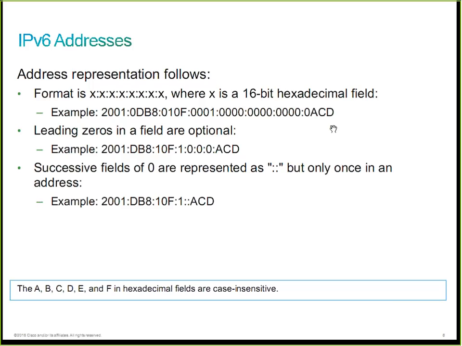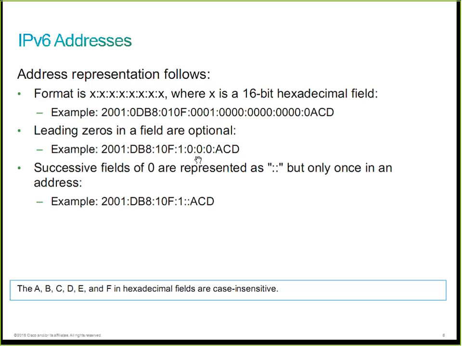So that's where you can compress this IP version 6 address. How? If you have a value like 0db8, it can be represented as db8. The leading zeros can be ignored, so 0001 can be represented as 1, and 0000 can be represented as just 0.